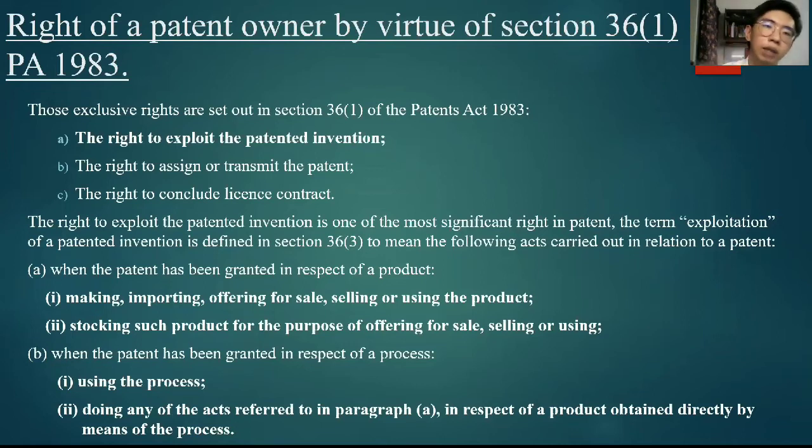If you are the patentee, the patent owner, then you have the right to exploit the patented invention, the right to assign or transmit the patent, and also the right to conclude a license contract. The right to exploit is defined in section 26, subsection 3.